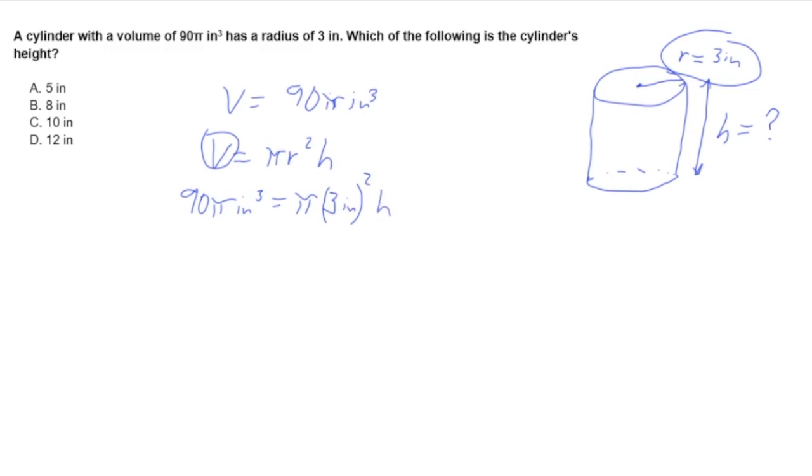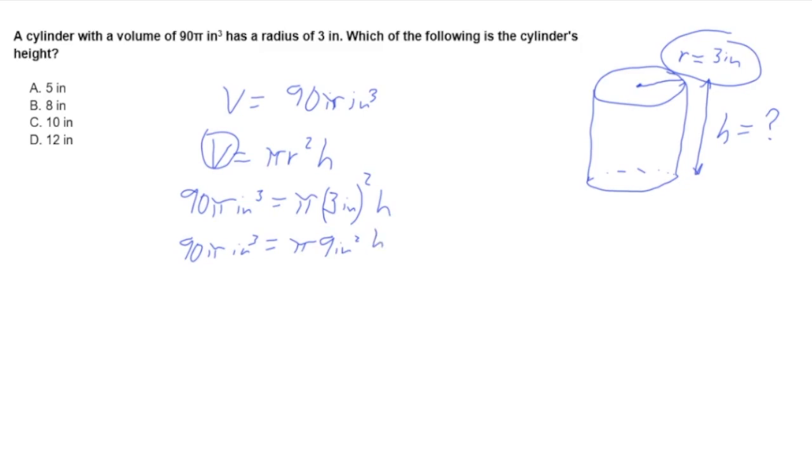That's the one we don't have. All right, let's work this out a little bit further. 90 pi inches cubed is equal to pi, and 3 squared is 9 inches squared times height.